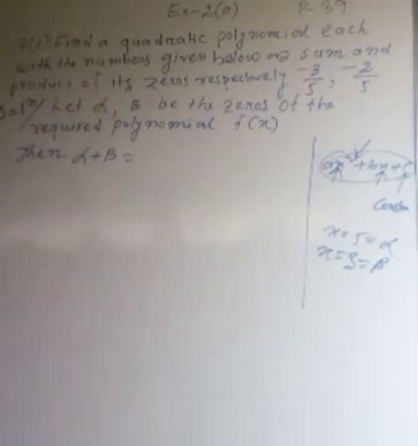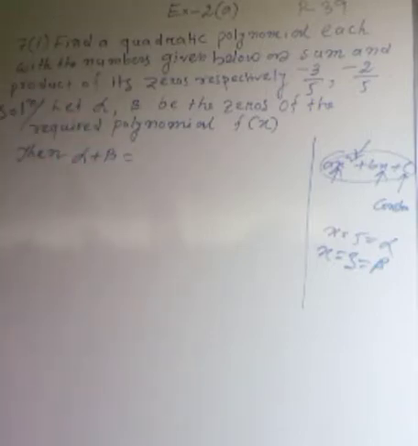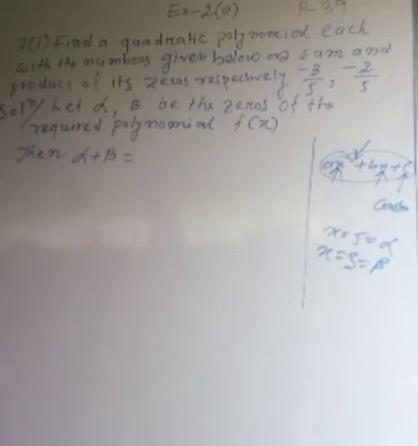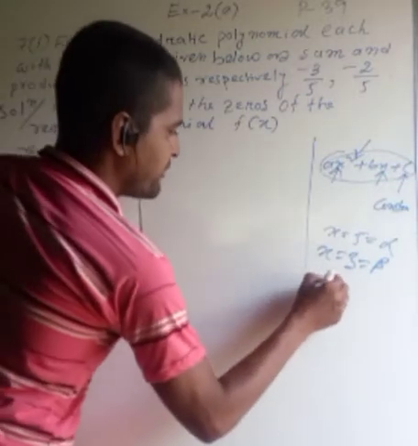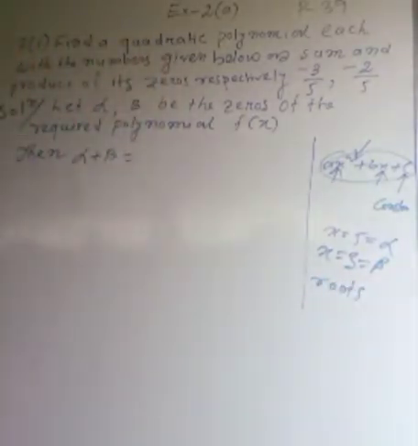Alpha and beta are the two values of x, the two zeros of the polynomial. Also we can understand these are the two roots of the equation or of the polynomial.